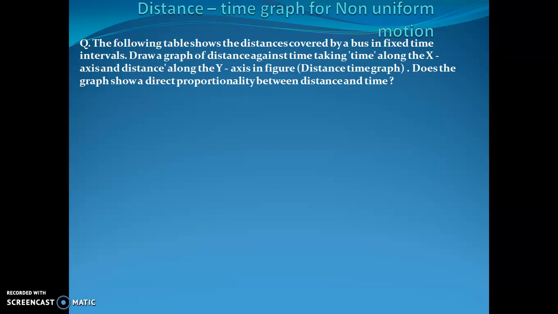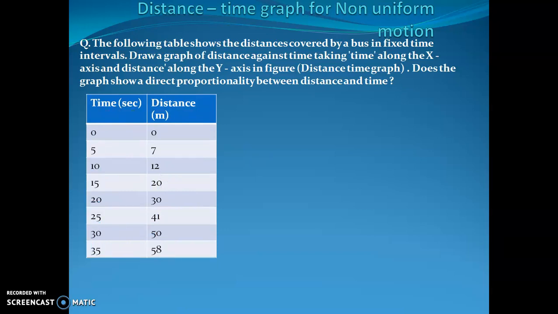Does the graph show a direct proportionality between distance and time? Let's see how this graph is drawn. So, we again have time given in seconds: 0, 5, 10, 15, 20, at an interval of 5 seconds each. We have distance in meters: 0, 7, 12, 20, 30.